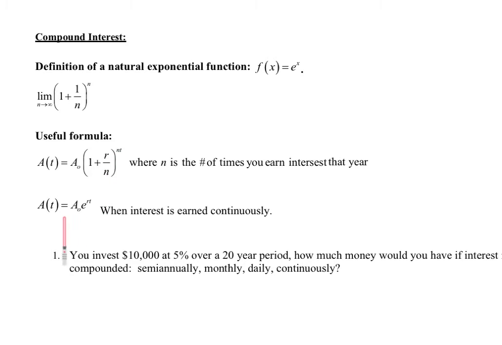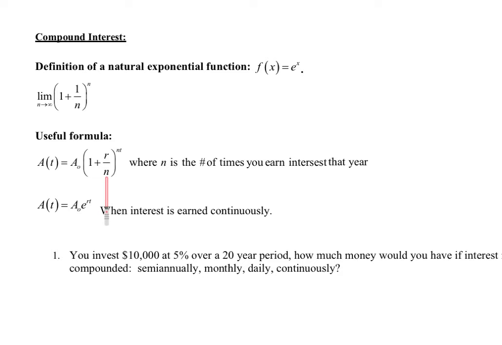Then this example here is continuously compounded interest. So this is if I'm always making interest based off of my investment. So we have my initial amount times e to the rate times t. So these are a little bit different than a normal exponential growth problem.